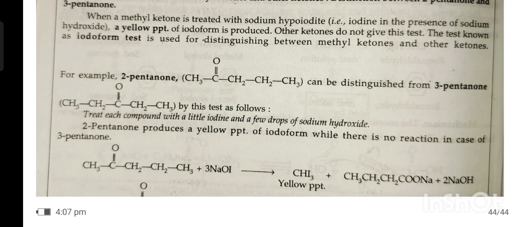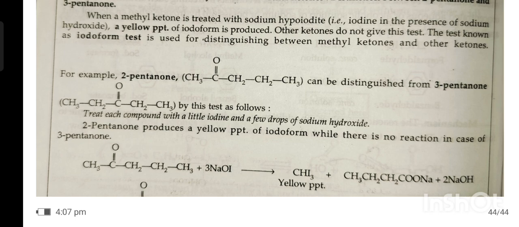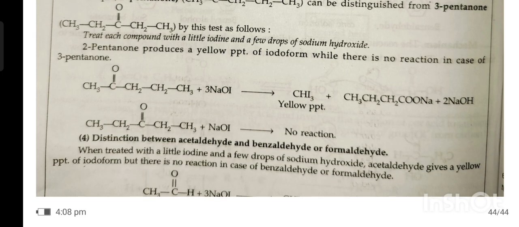Treat each compound with a little iodine and a few drops of sodium hydroxide. 2-pentanone produces a yellow precipitate of iodoform while there is no reaction in case of 3-pentanone. Fourth, distinguishing between acetaldehyde and benzaldehyde or formaldehyde.